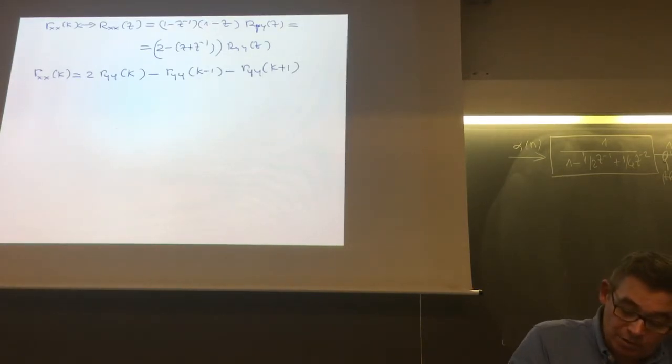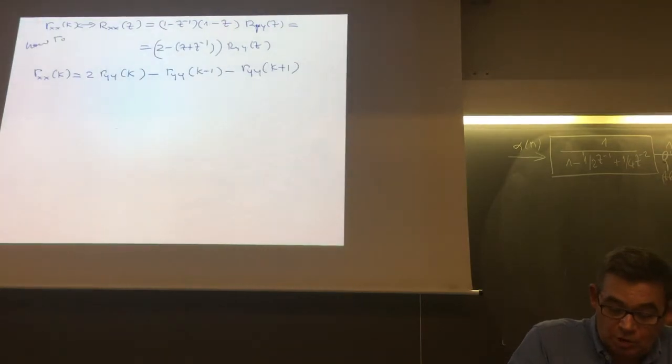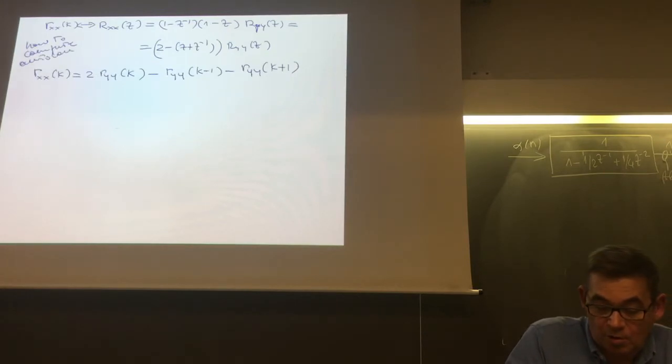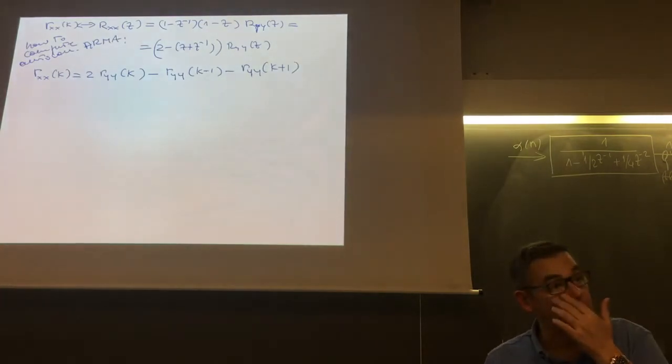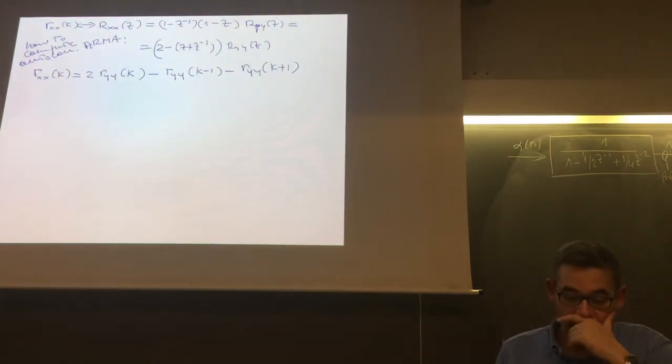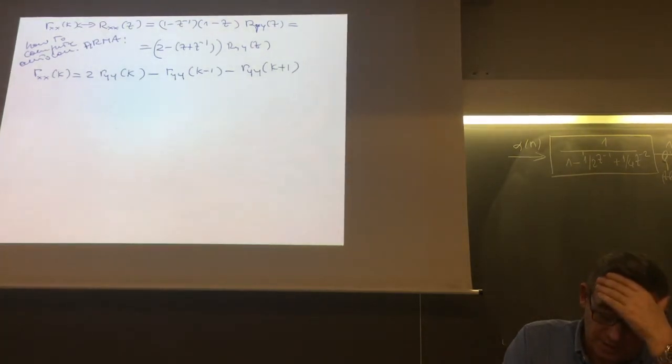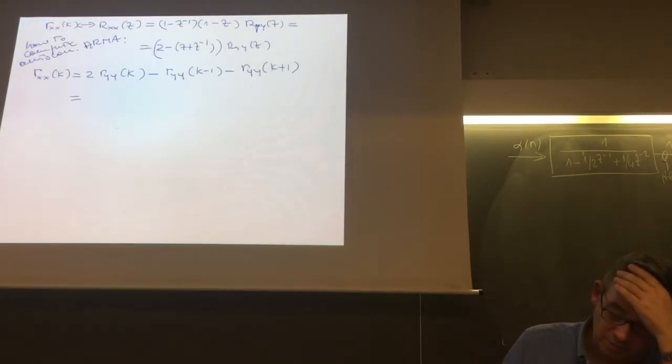So this is how to compute the autocorrelation for R. This was part of the intermediate exam. Now I need to see what was the value.